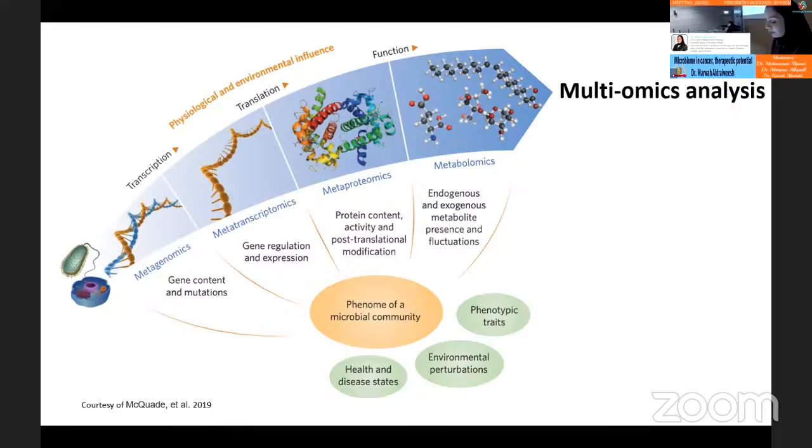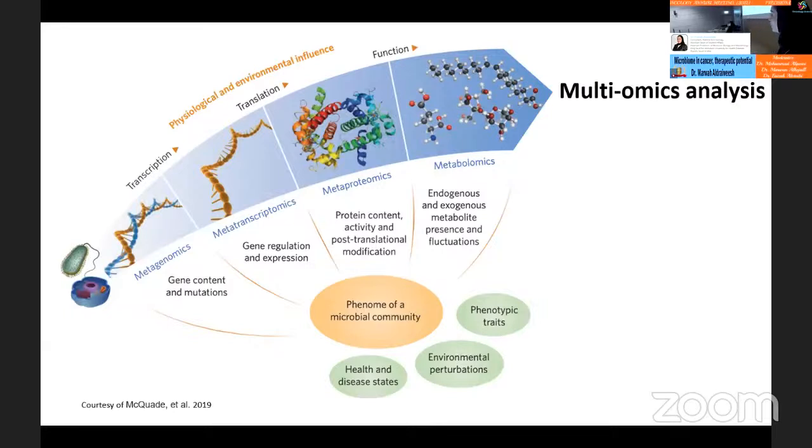It starts with metagenomics, studying the gene content and mutations, and then moving to metatranscriptomics, in which we study gene regulation and expression, and then metaproteomics, in which we study protein content, activity, and post-translational modification. And finally, we study metabolomics, which refers to endogenous and exogenous metabolite presence and fluctuations.